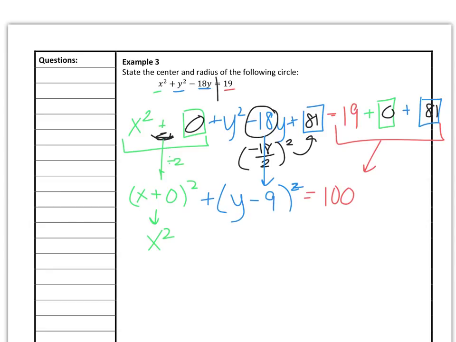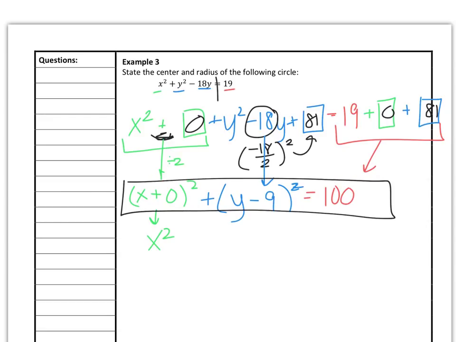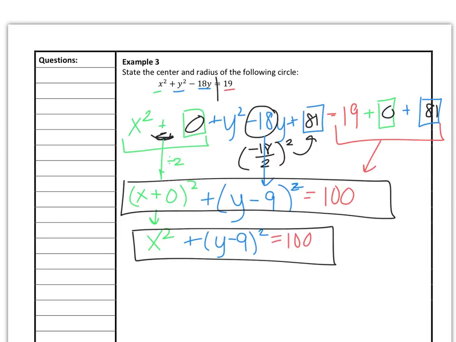So I could write this equation in the way that I did, x plus 0 squared plus y minus 9 squared equals 100, or I could write it this way, where I have x squared plus y minus 9 squared equals 100. Either way is fine, right? They're both going to be accepted because x plus 0 is the same thing as just x.